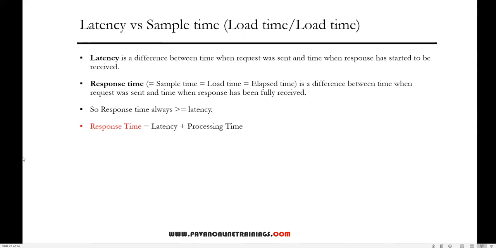Whenever we send some request, immediately we will get some acknowledgement from the server. Let us say one example, file download. Whenever I click on the download button, immediately the download will start. That is the immediate response from the server. So latency is nothing but the time between the request and the immediate acknowledgement. That's basically latency time.